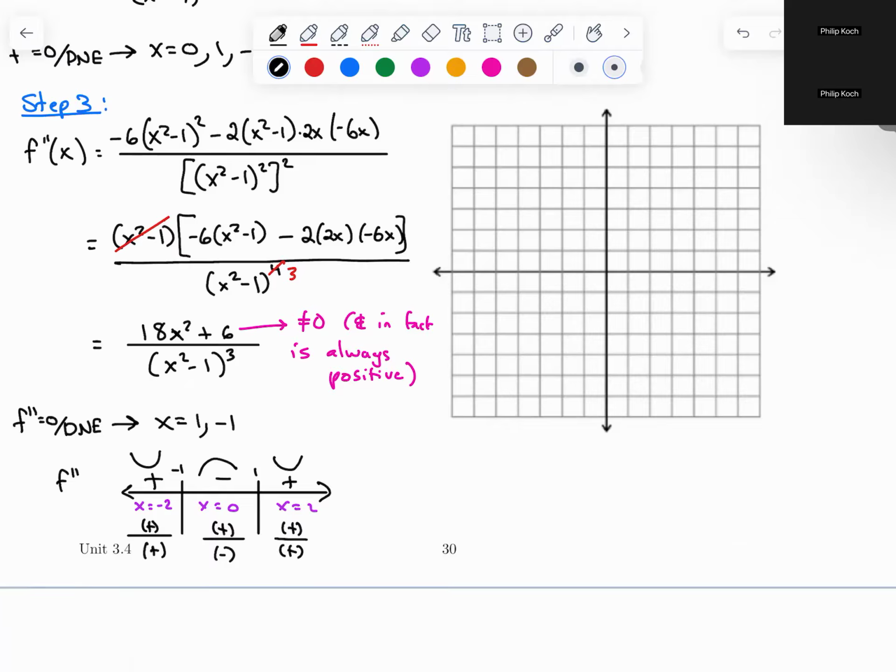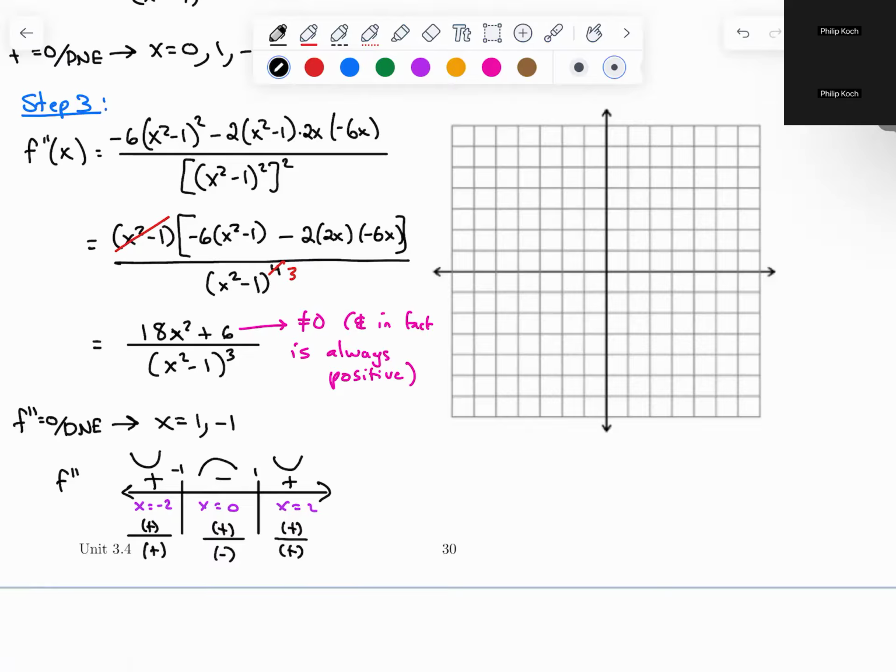Now, concavity did change at 1 and -1. Are they inflection points? Take a second. Don't answer that question out loud. Let them get a chance to think. Concavity did change, so they could be inflection points, but are they? No, they're not. For an inflection point, your function needs to be defined there.